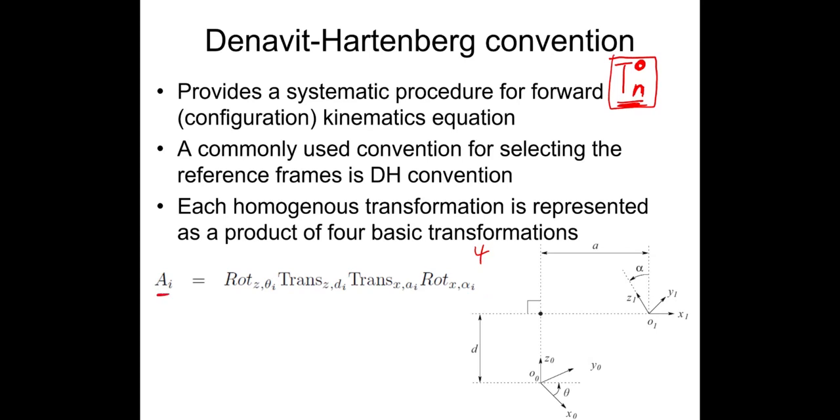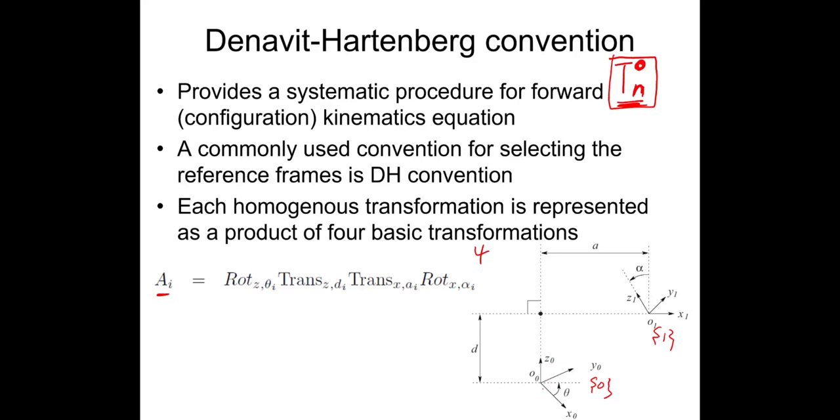These 4 independent quantities can be defined this way, so that we can use 4 variables to represent one transformation. For example, we want to get the position and orientation from frame 0 to frame 1. There are 4 steps we need to do. The first step is we need to rotate from Z0 to Z1, rotating from X0 to X1 along the Z-axis.